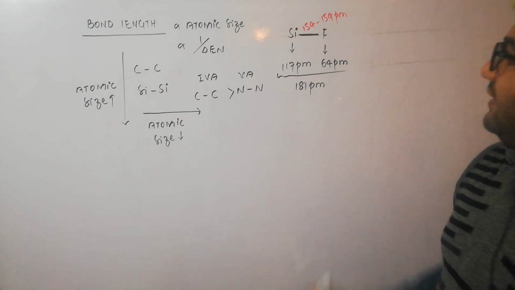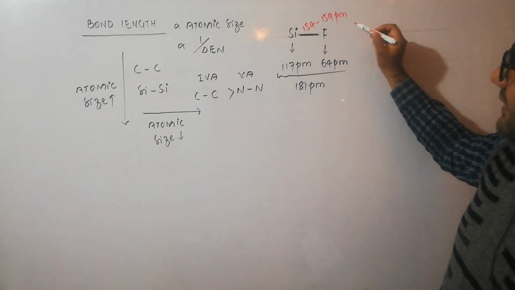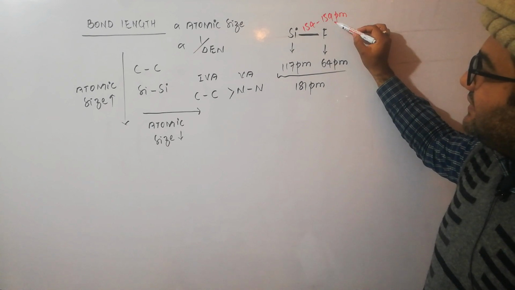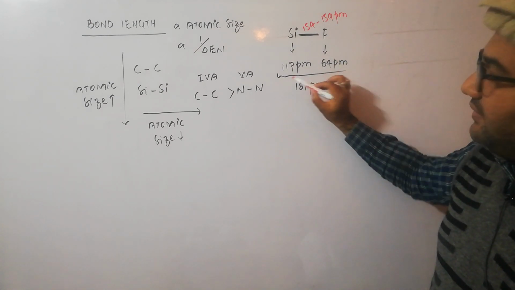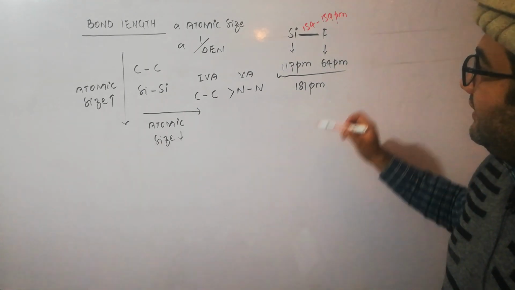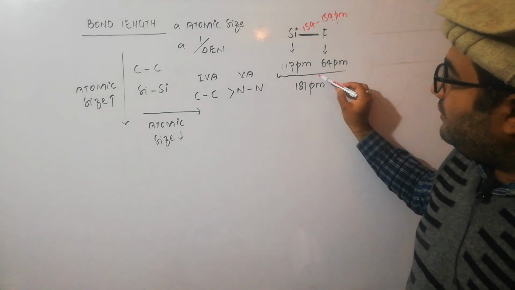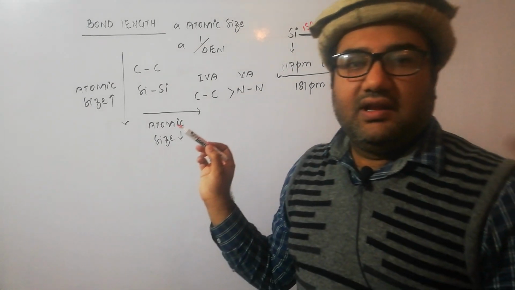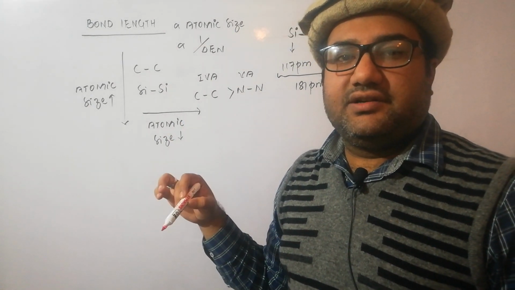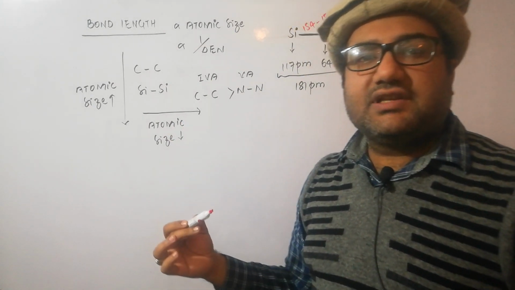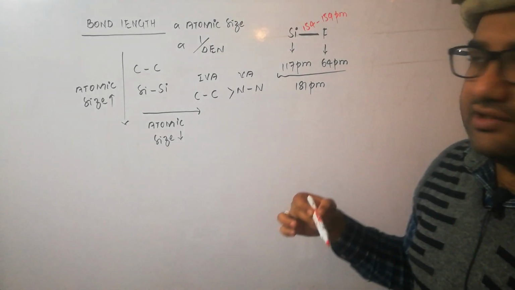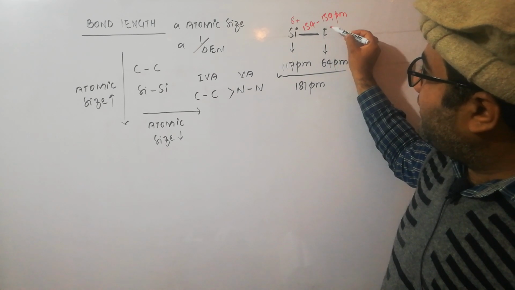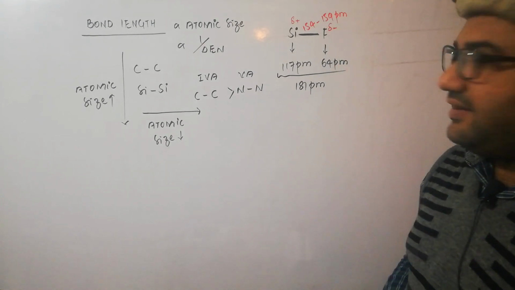picometer. Now you can see that the actual value of the bond length is lesser as compared to the calculated value. Why? Because when we calculate the value, we consider it as a non-polar bond. The polarity is not in our consideration. But when the actual value is measured, it comes out for the polar bond. And you know, it is partial positive, it is partial negative.